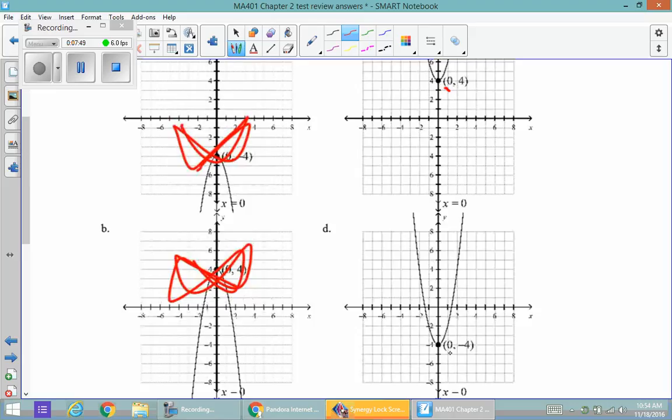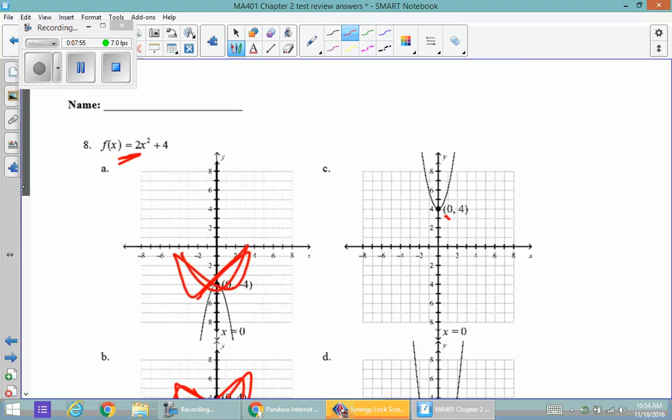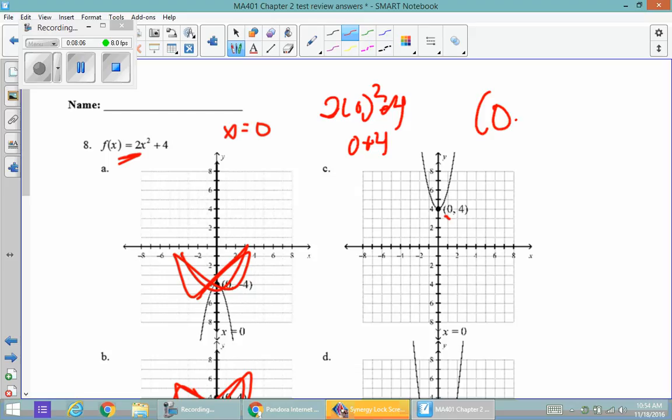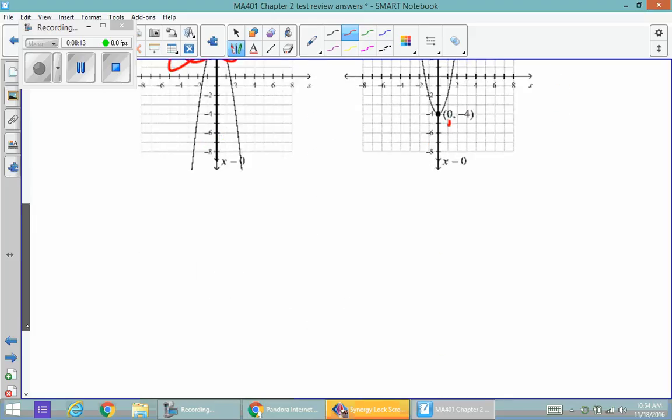So I bet you that the x value of the vertex is 0 because both of our answer choices are 0. So let's try plugging that point in. If I say x equals 0, then I get 2 times 0 squared plus 4, which is just 0 plus 4. So I'm looking for the point (0, 4). And I have that right here in this answer choice. Again, if in doubt, graph it out, but there it was.